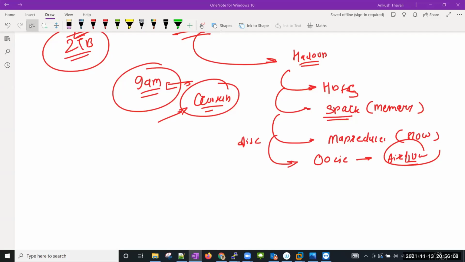Because when Spark starts execution, it keeps some reserve memory, around 512 MB, in the heap memory. Spark itself takes that memory, so what remains for your application? Nothing, so your application will fail with an out of memory exception.